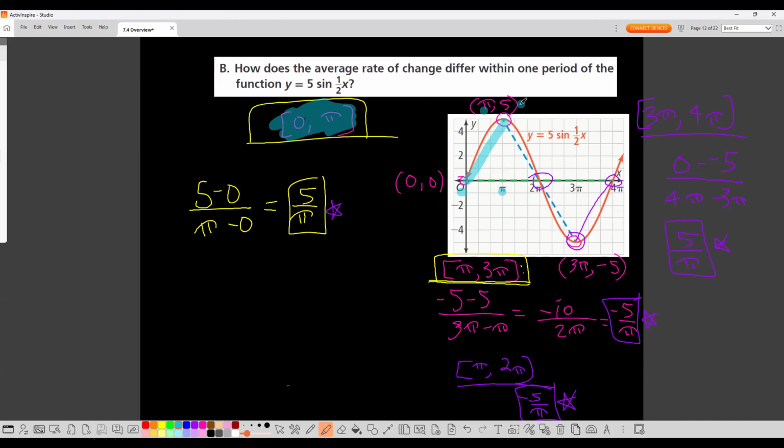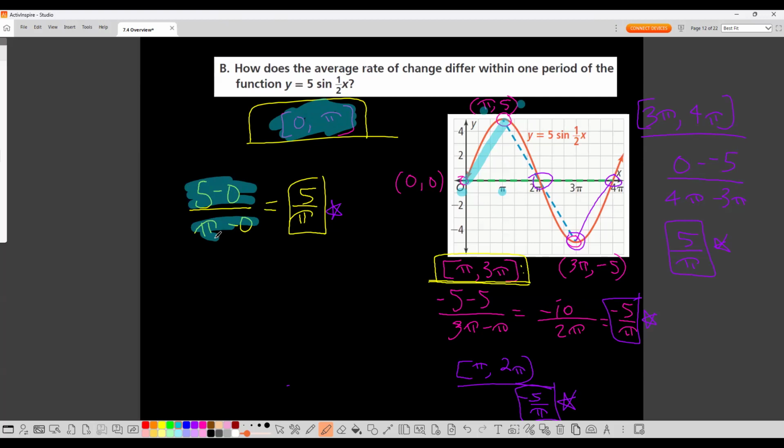So 5 minus 0 in the numerator, that's my y values, and subtract. Remember, average rate of change is like slope, but technically because this has curves, slope is for linear equations, and this really isn't a line. So it's kind of a technicality. We're just doing the same calculations as slope, though.